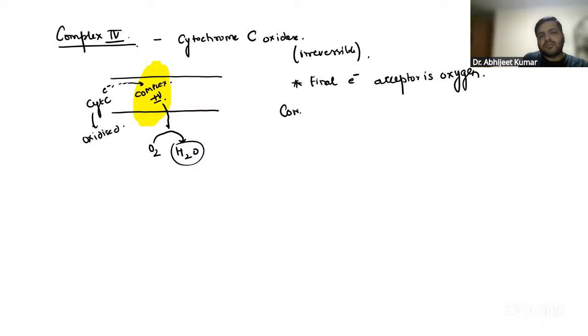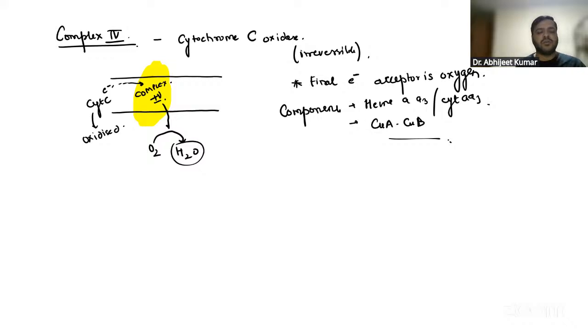And the components you already know: we have the heme component, that is AA3, also called cytochrome AA3. It also contains copper, so we have copper A and copper B. These are the components of complex 4.